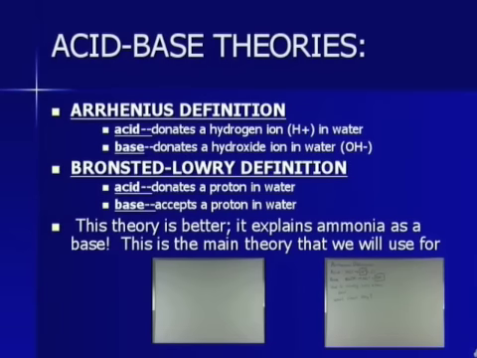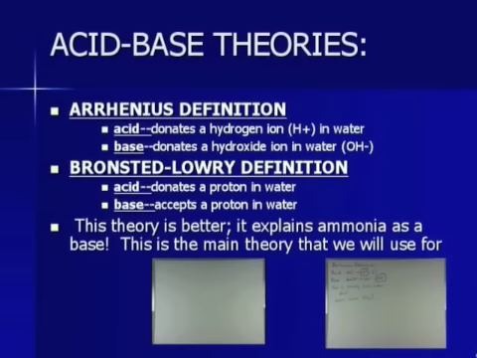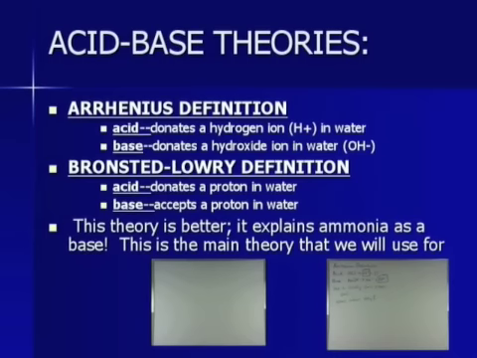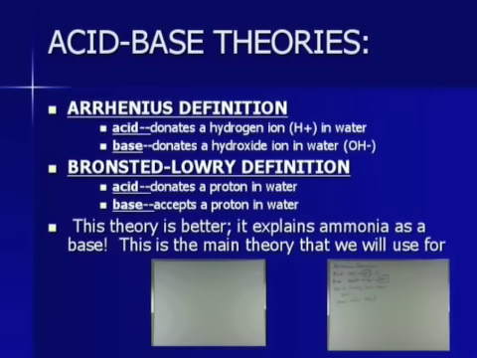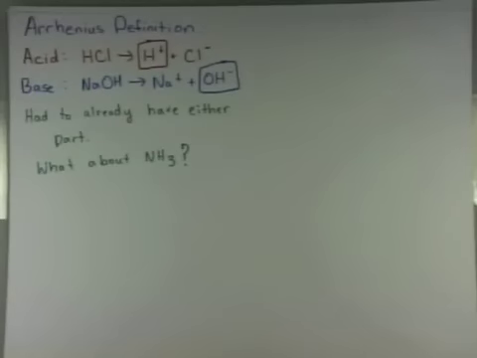This theory is better because it explains ammonia as a base, and this is the one we will use for this class. And I have a video of how those reactions would look. Okay, so here we have the Bronsted-Lowry base.